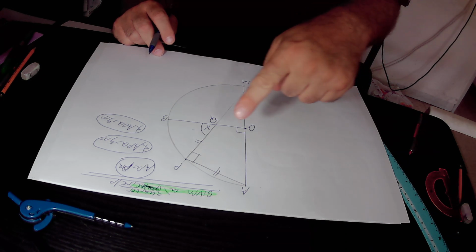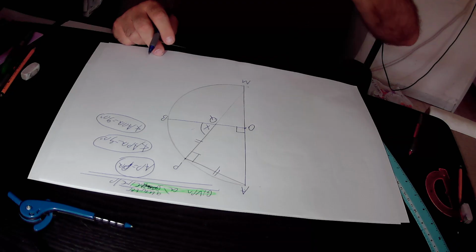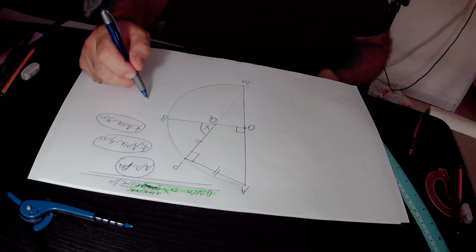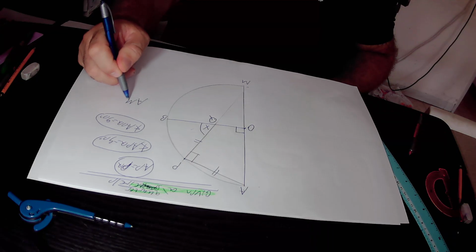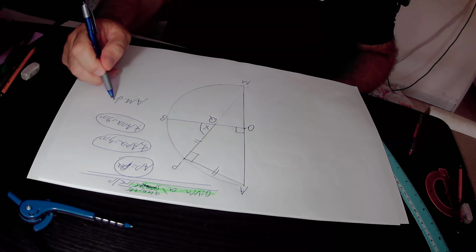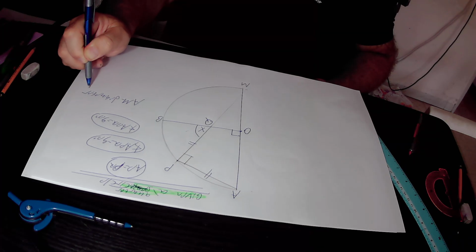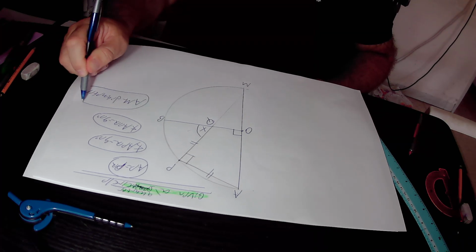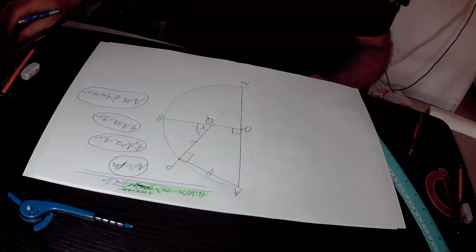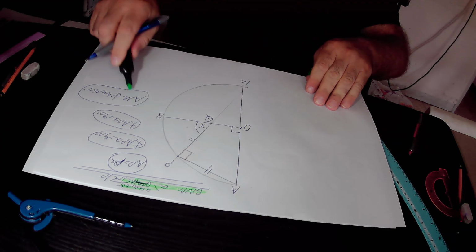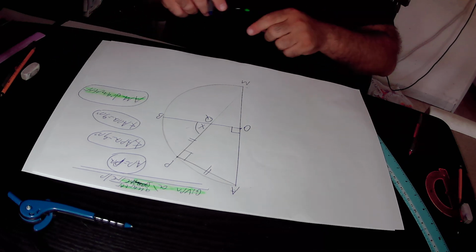Because we completed the quarter circle to a semicircle, AM is the diameter of the semicircle. AM is a diameter, it is absolutely a straight line.